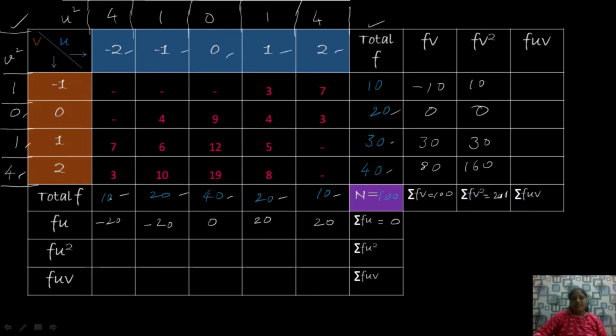So that is plus 10 with 4, if you multiply 10 by 4, 40, and 20 by 1, you get 20. 40 multiplied with 0, we get 0. And 20 multiplied with 1, you get 20. And again 10 multiplied with 4, we get 40. Adding all these values, we get 60 plus 60, 120.